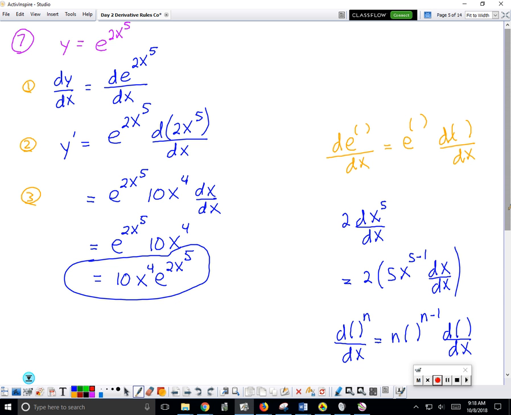Step 2 to step 3, I'm using a combination of the constant and power rule together.